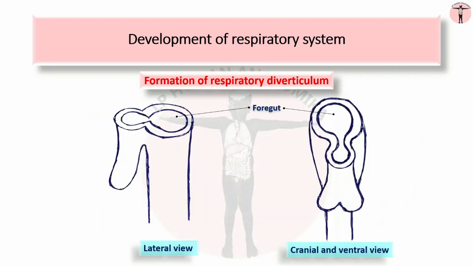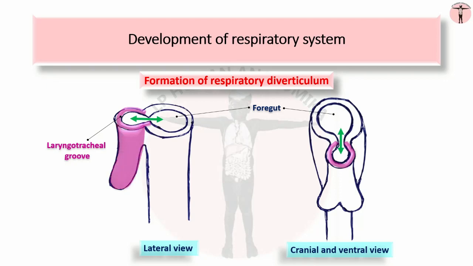Now let us observe only the foregut part and the laryngotracheal groove in the lateral and ventral views. That is the laryngotracheal groove from the ventral wall of the foregut, caudal to the fourth pharyngeal pouch. Initially, the lung bud is in open communication with the foregut.